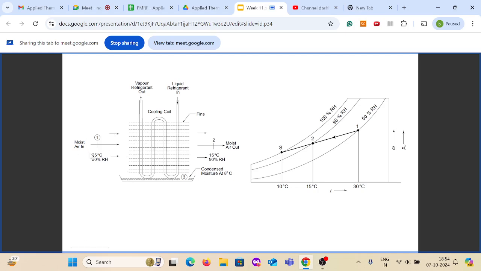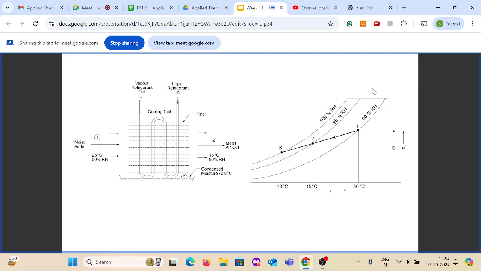This is similar to what happens in the evaporator of a split air conditioner inside, where there is always water dripping outside. The process is similar. Moist air comes in at 25 degrees Celsius and 50% relative humidity, some water gets condensed, and in the process the air also gets cooled, and it comes out at 15 degrees Celsius and 90% relative humidity.